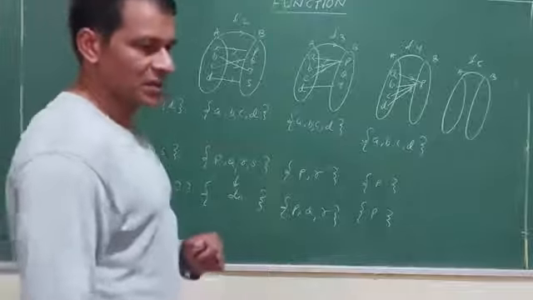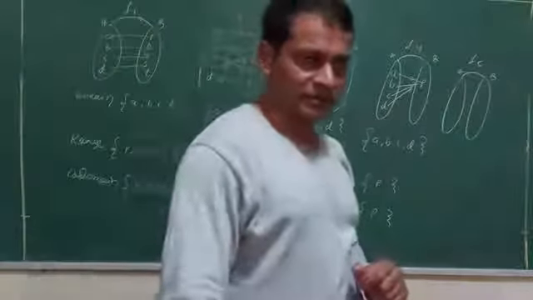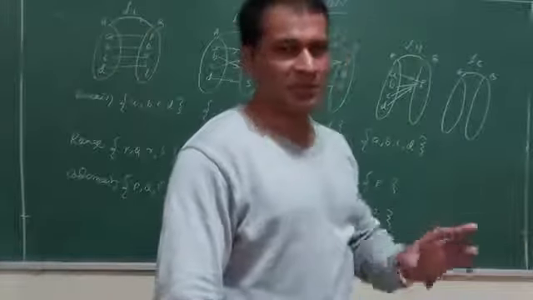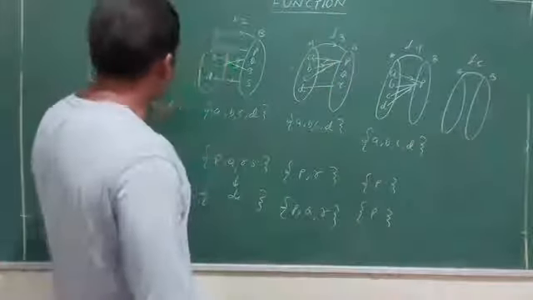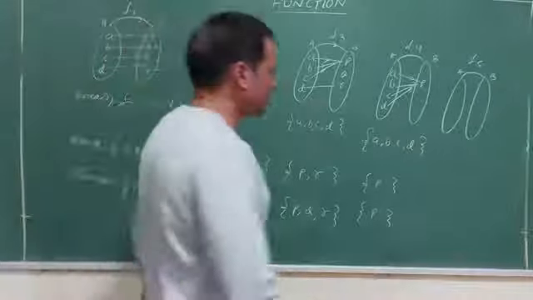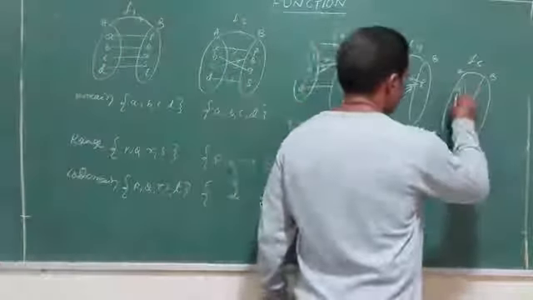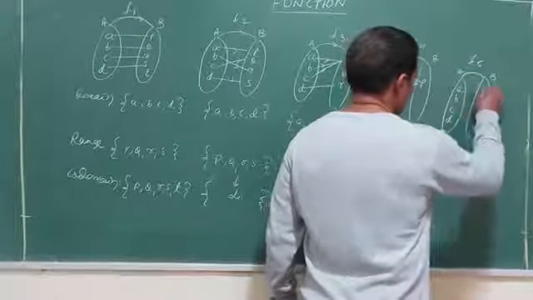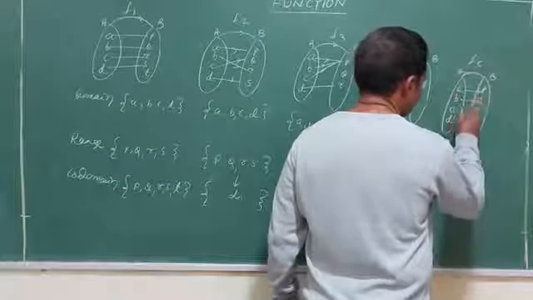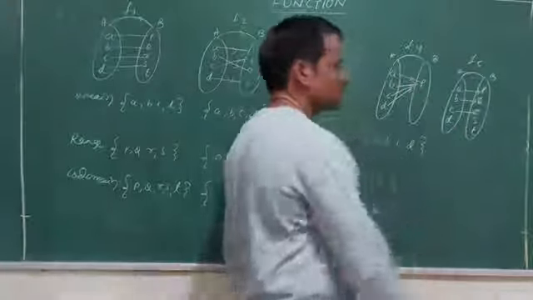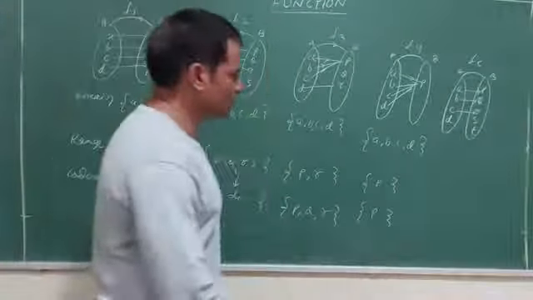For example, every child has got a parent. So, all these are examples of a function. Suppose I write down like here A, B, C, D, P, Q, R, S, T. I can tell this is not a function.